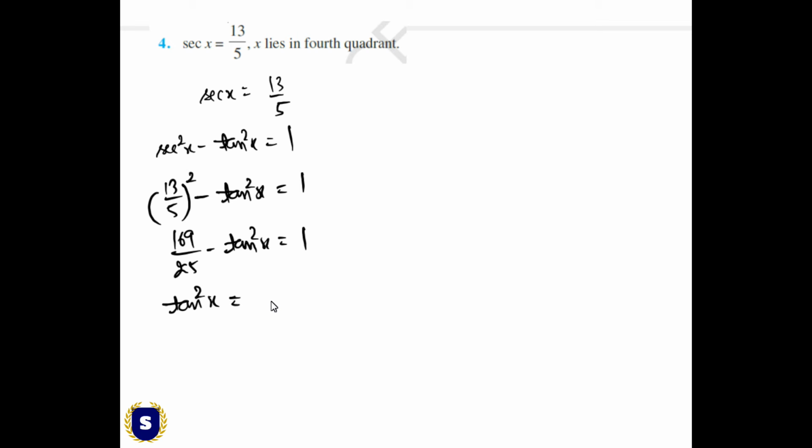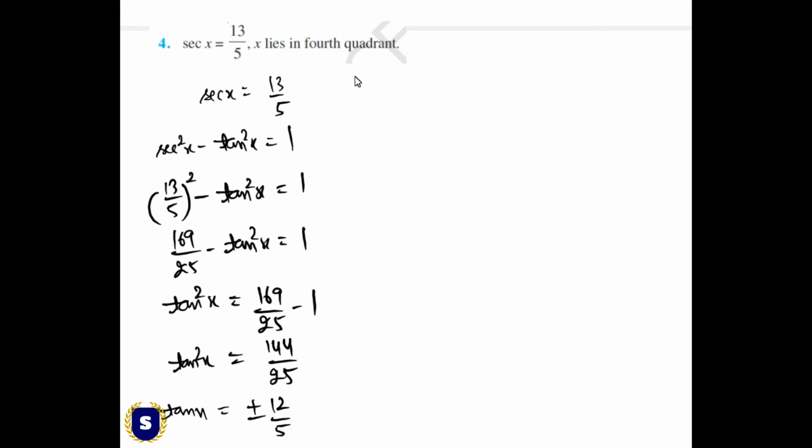If you have any doubt here, you can drop it in the comment box, like how we got this value. Solving this, I'll get it 144 by 25, or I got the value of tan x as plus minus 12 by 5.